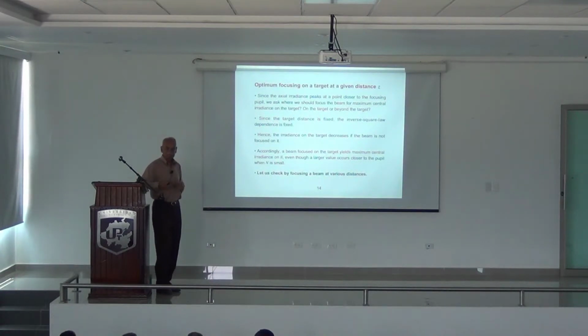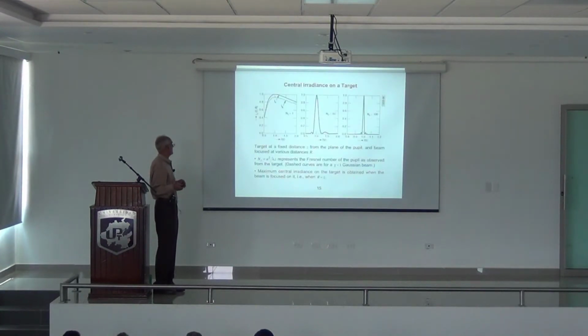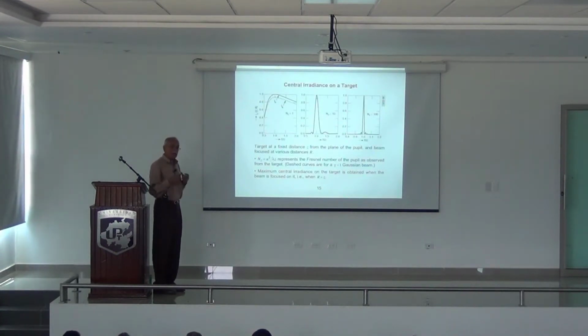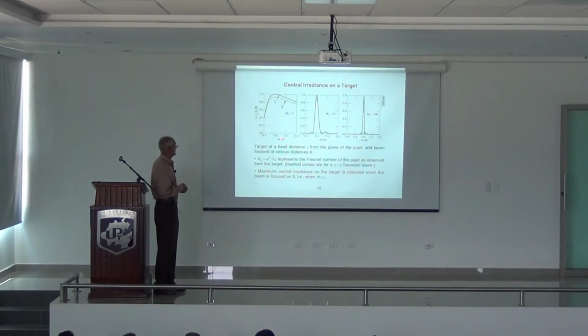Think about it. Let me illustrate. Now, z is fixed, r is a variable. And so, my parameter is now r over z. Z is fixed, r I can change.